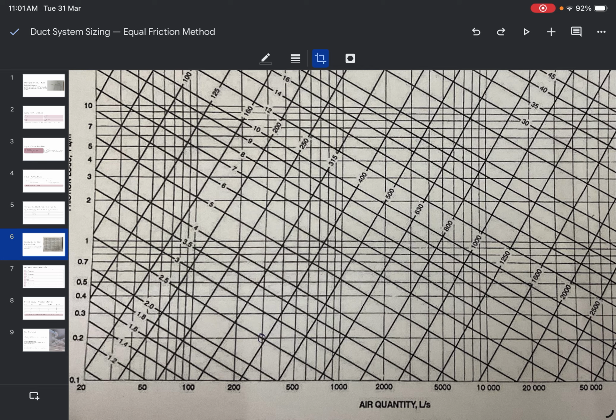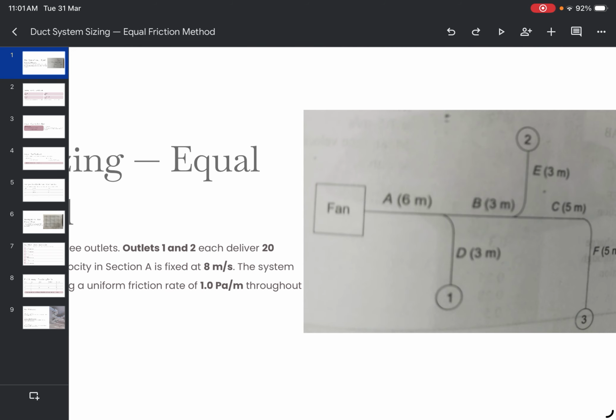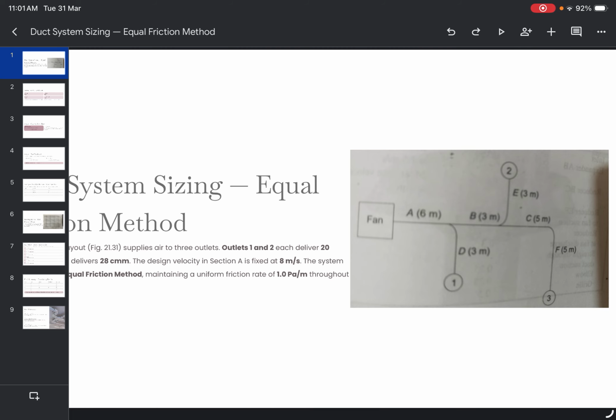As I said, the first step is at the main duct, that is, at this section A, you are supposed to find the friction drop, delta P by L. And so here 1 pascal per meter would be maintained throughout the section, right?